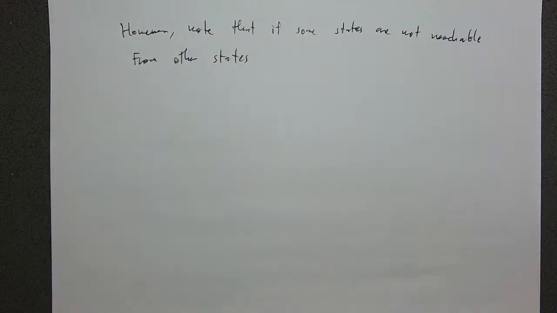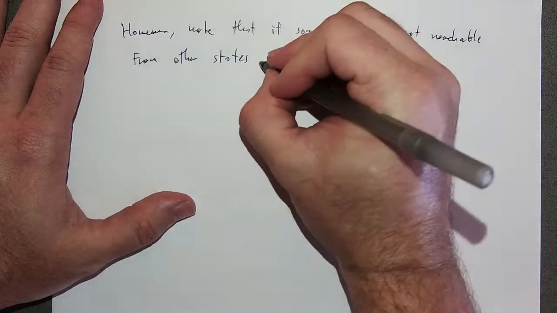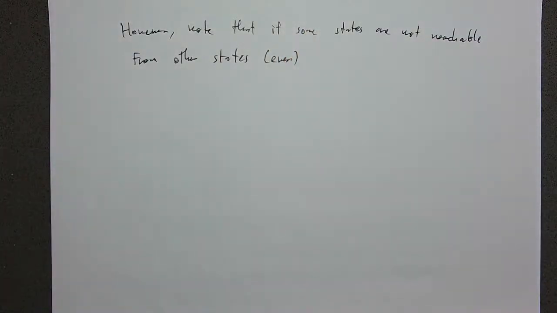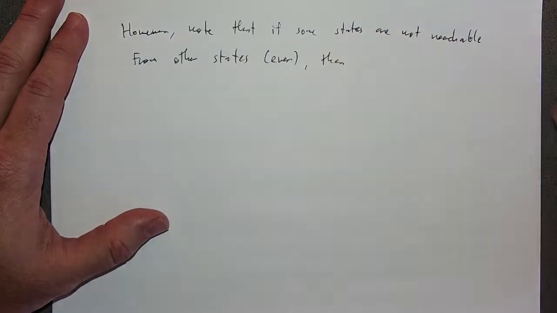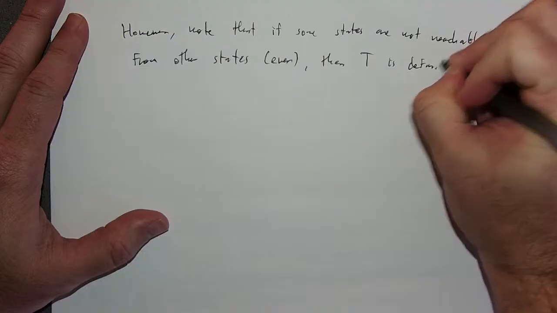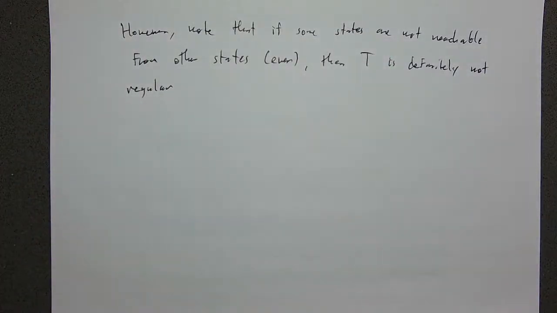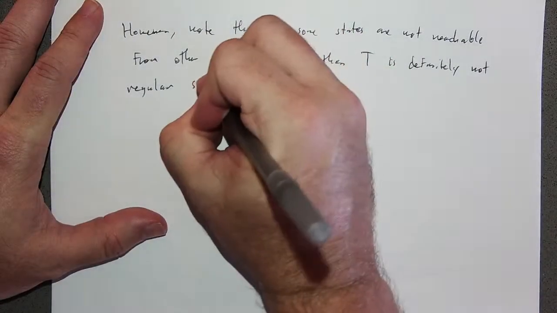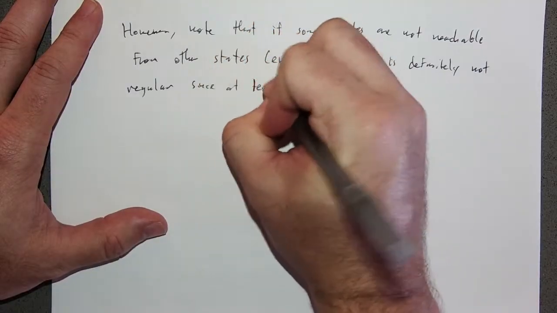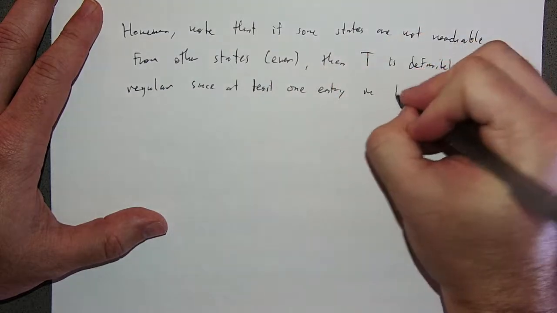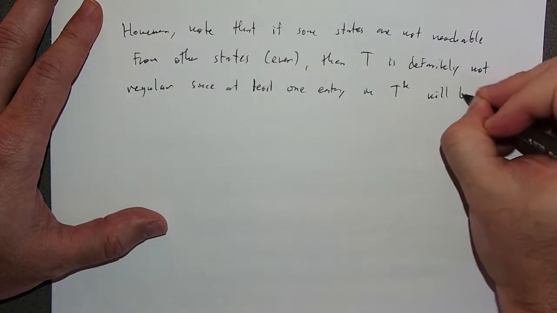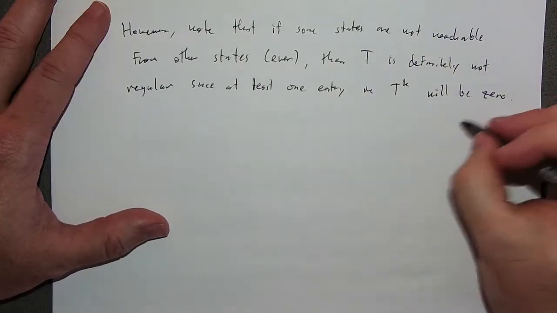However, note that if some states are not reachable from other states, and this means ever, not just in a single step, this just means they are not reachable from other states ever, there's no way to get there, then the transition matrix will definitely not be regular, since you're always going to have at least one entry that is 0 in the T to the k for all k.